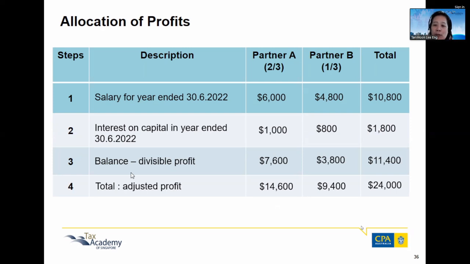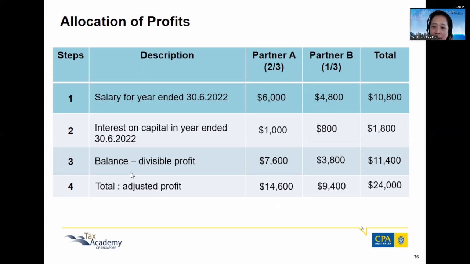So 24,000 is the profit. We have to less out the fixed payments, 10,800 and 1,800. Then whatever remains can be divided according to the sharing basis, so we call it divisible profit. 24,000 minus 10,800 minus 1,800 leaves you with 11,400.